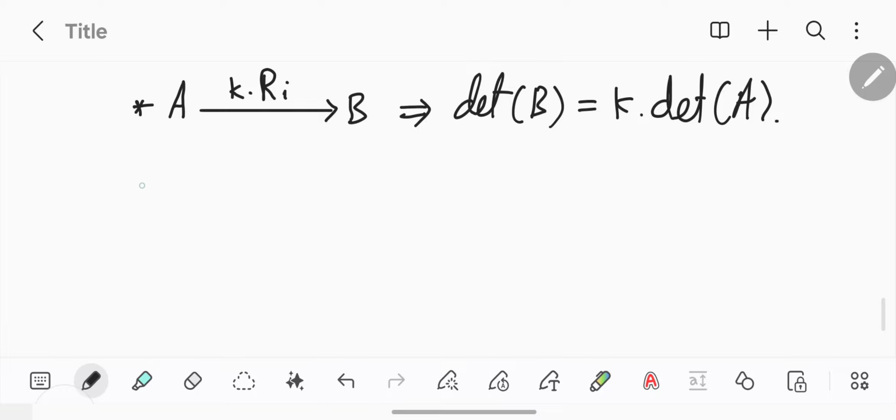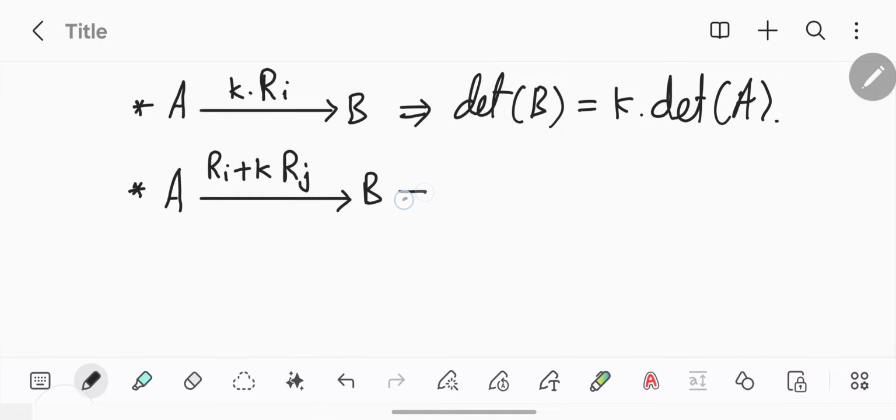And the last point is, if you start with a matrix A and perform the operation Ri plus K times Rj, and you will get some new matrix B, then the determinant of A and determinant of B both are equal.